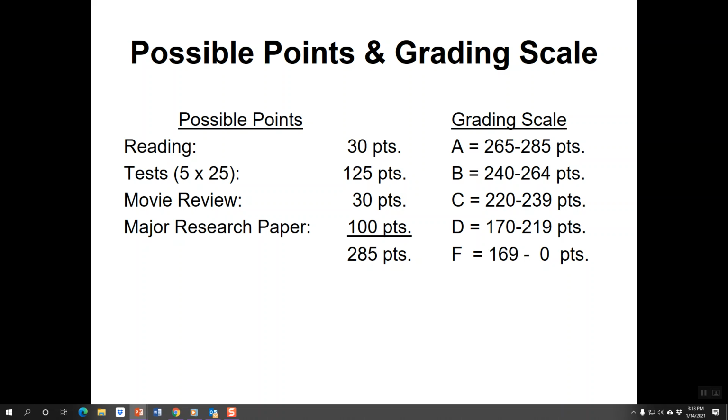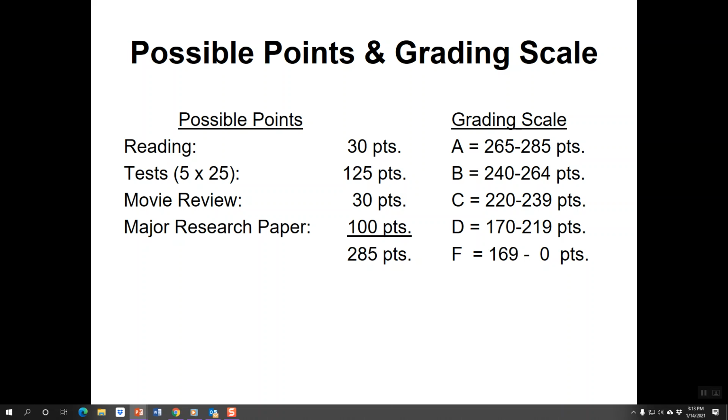All right, 5 tests will be counted. 25 points each is the baseline, but remember, every test will have 1, 2, 3, maybe 4 points extra that you can earn. So you can actually earn more than 125 points, but that is the baseline expectation.